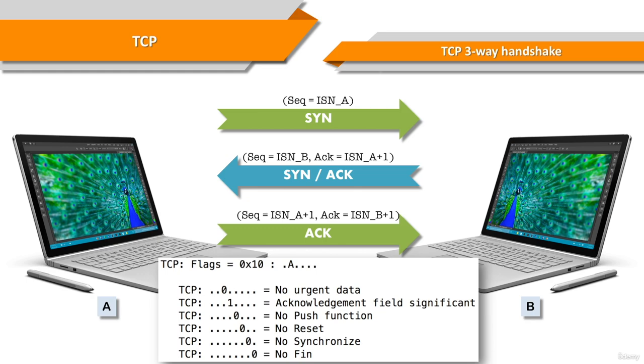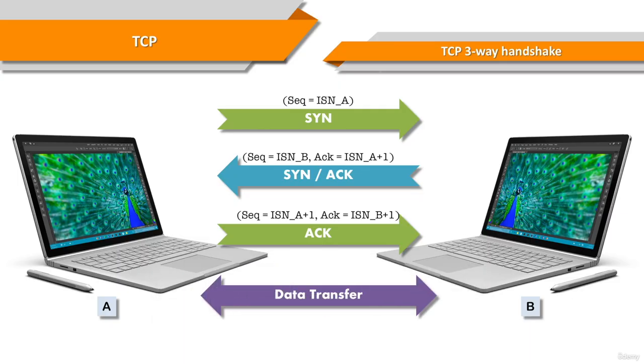It's the next packet, so the sequence number has to change from the value in the original SYN packet. The acknowledgement number field is set to ISN B plus 1, thereby acknowledging the SYN-ACK packet, right?